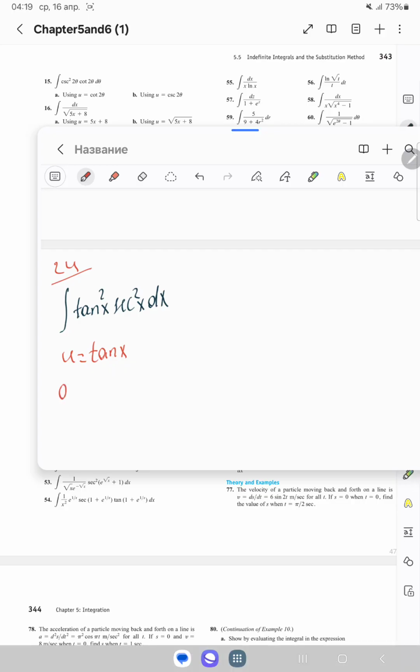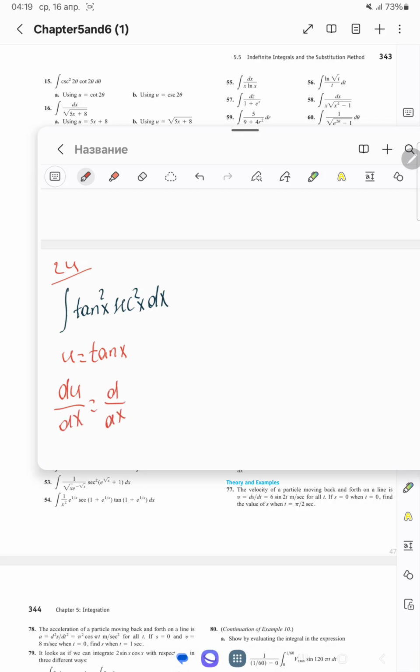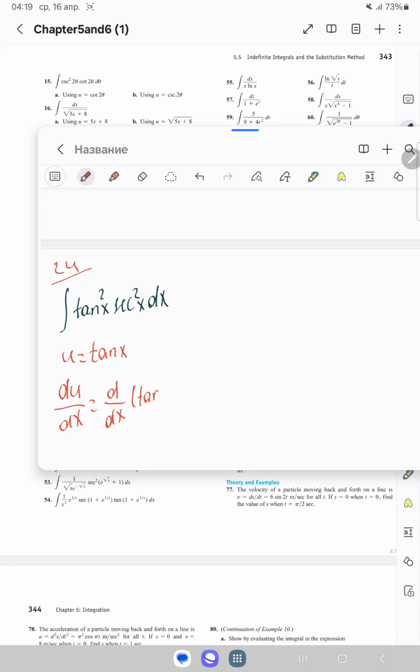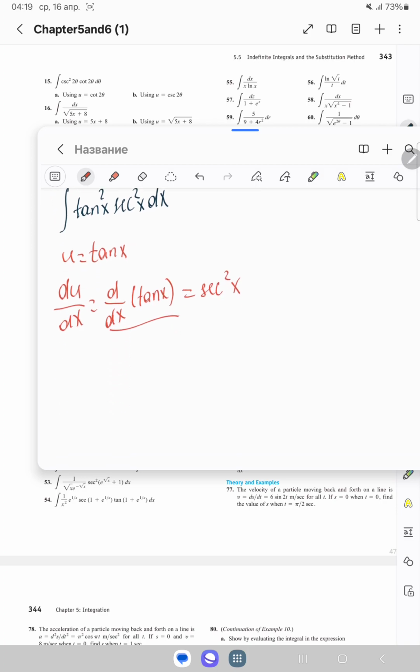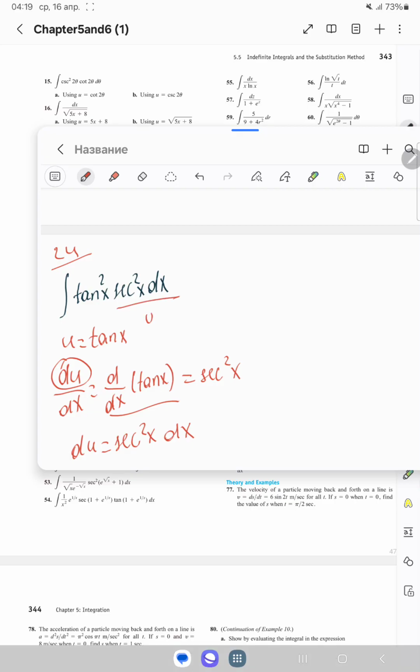Take the derivative of both sides. d over dx u equals d over dx tangent x. So this part is secant squared x, and we need to find du. du equals secant squared x dx. Instead of secant squared x dx, I will write du. Instead of tangent, I will write u. It becomes u squared du. And this is u cubed over 3 plus c, and since u is tangent x, the answer is tangent cubed x over 3 plus c.